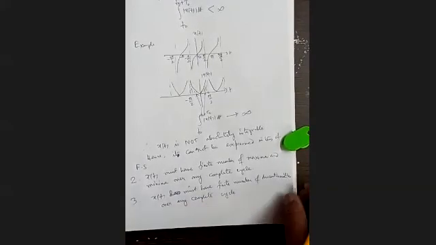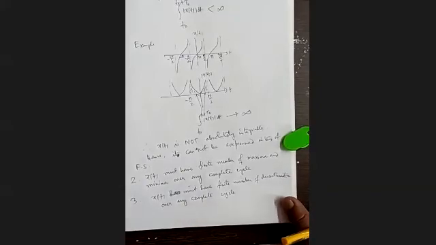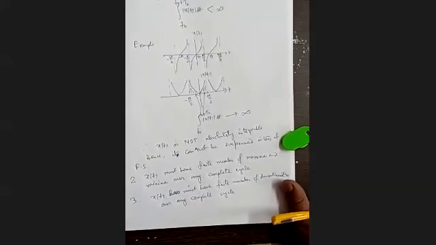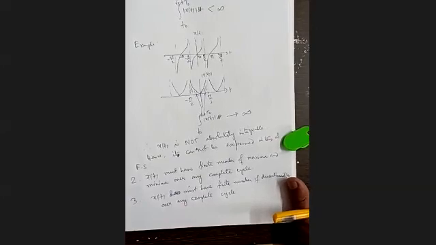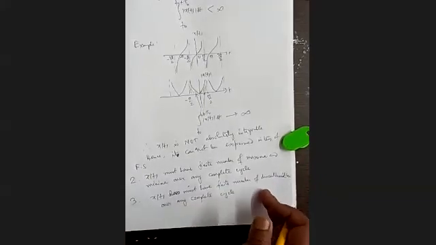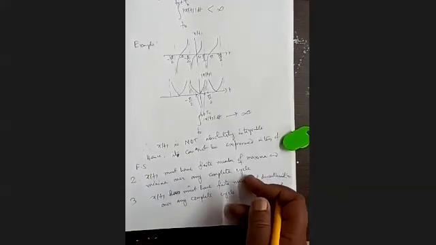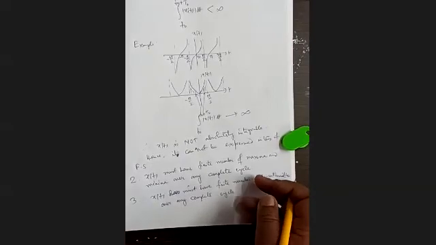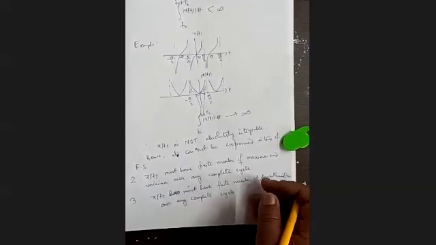It is also automatically satisfied in the engineering context. In one cycle, an infinite number of discontinuities is not really possible for us. When it is there, then Fourier series is not possible. Okay, so that is the condition.